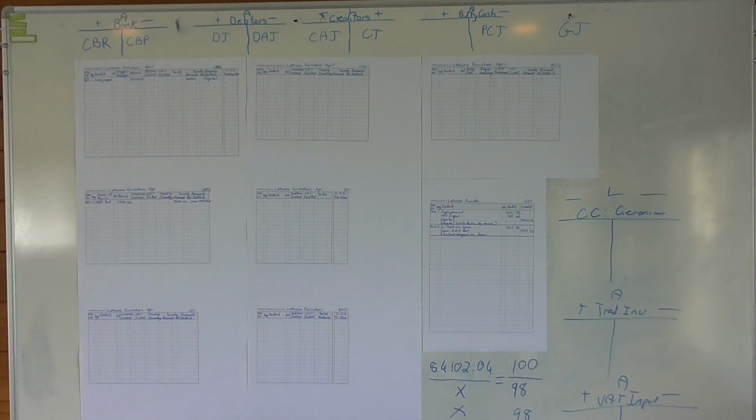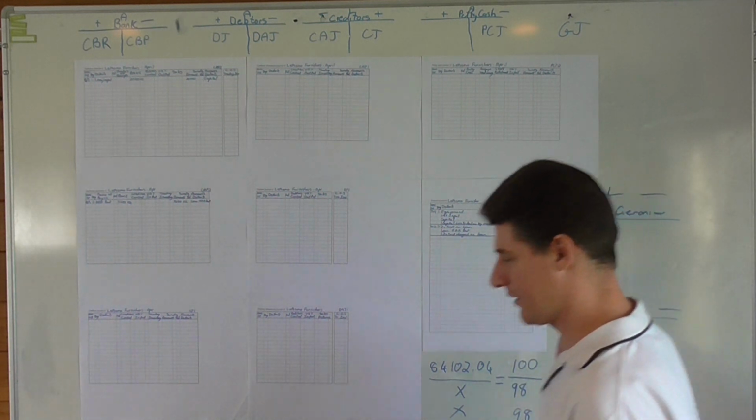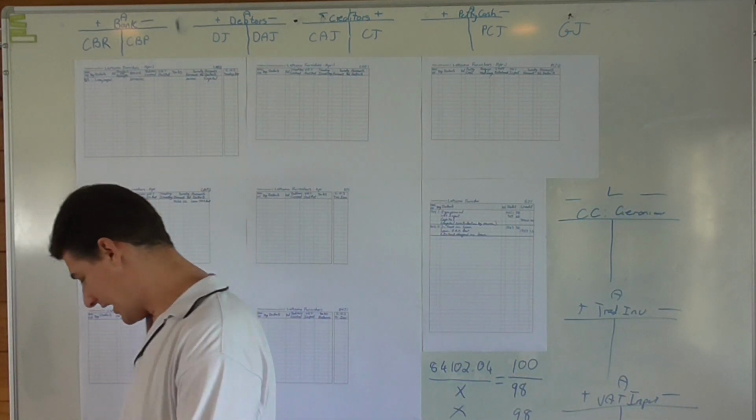So that'll be 98 divided by 100 multiplied by 84102.04. And that gives you a total of 82419.99, so we can just say 82420.